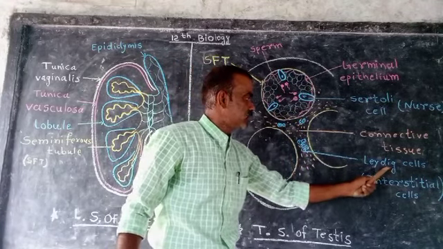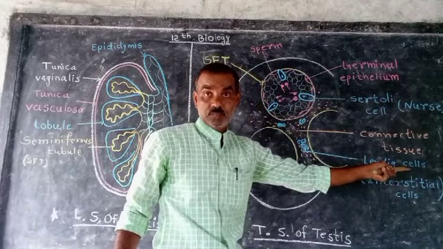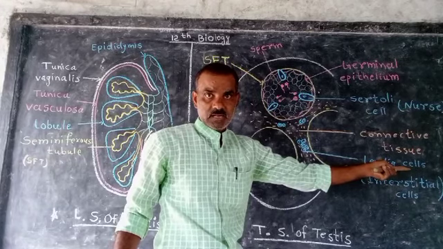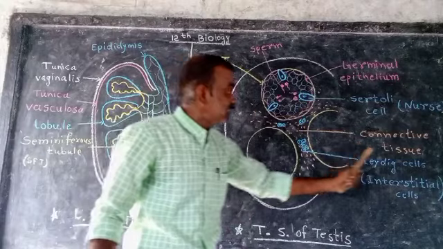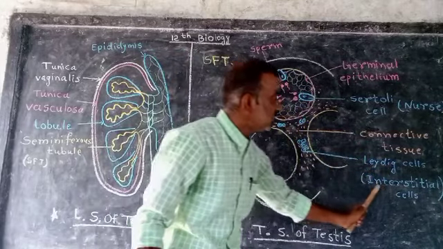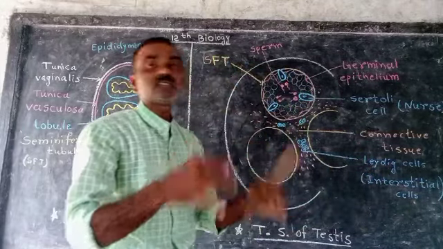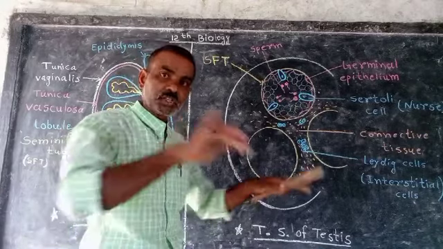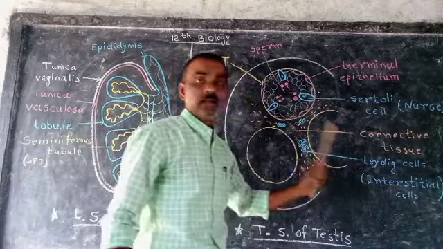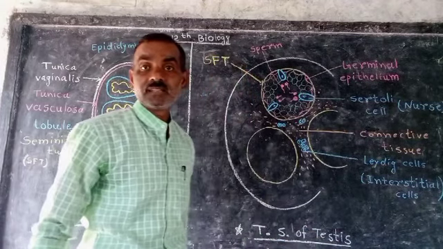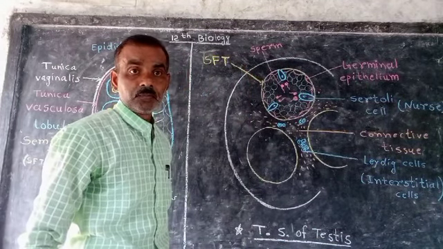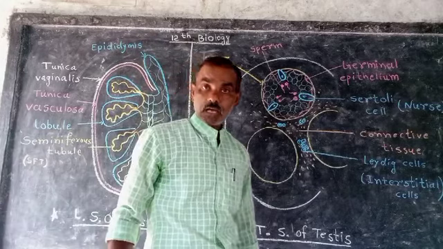Those cells are called Leydig cells. Leydig cells are present in between the tubules. The Leydig cell is also called interstitial cell. Interstitial or Leydig cell. And the function of the Leydig cell is the production of male sex hormone.